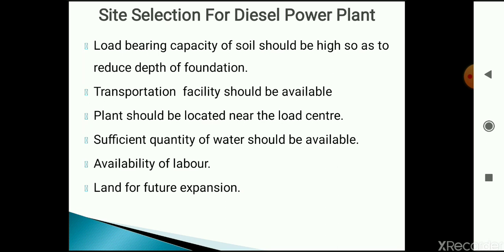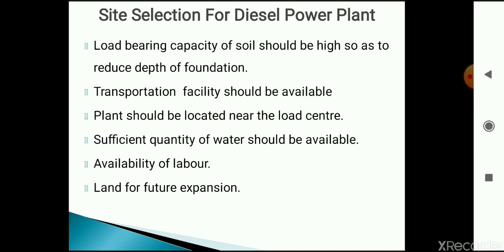Plants should be located near the load center so as to avoid any transmission charges. Sufficient quantity of water should be available. Water required for various purposes in the power plant should be available easily. Labor should be available easily.